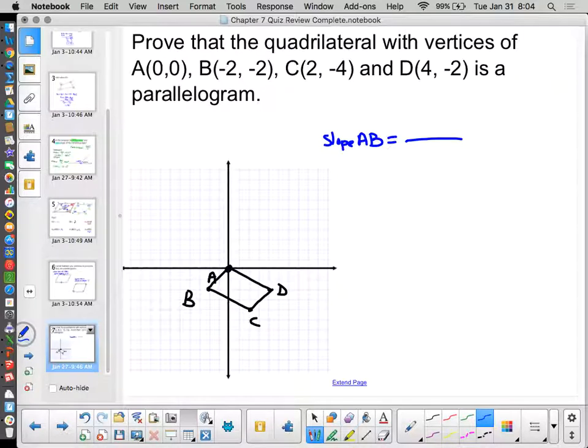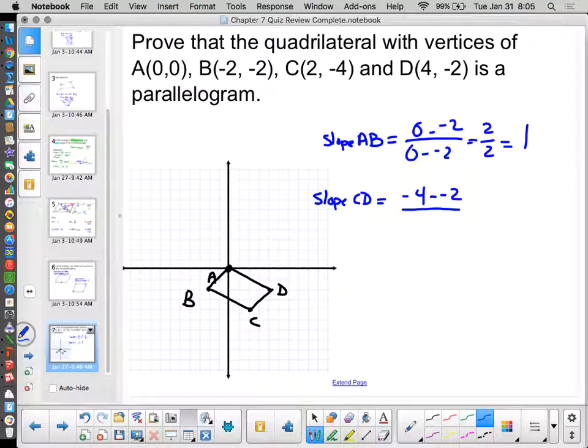Slope of AB would be 0 minus -2 over 0 minus -2, which is 2 over 2, which reduces to 1. That's going to have to be parallel to CD. So slope of CD equals -4 minus -2 over 2 minus 4.